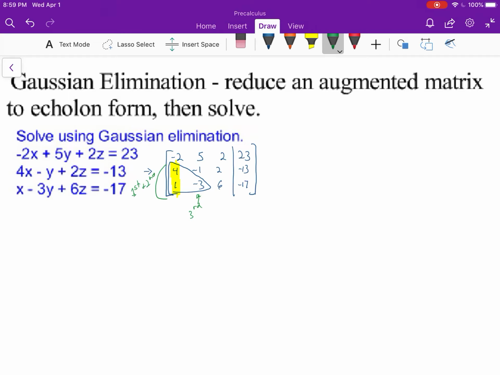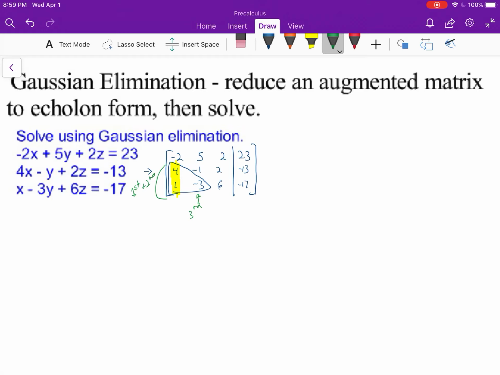And make sure you're paying attention, in order to get this third one to be 0, you have to use the last 2 rows because you'll have zeros there and you want them to remain 0. So let's go ahead and get started on this.